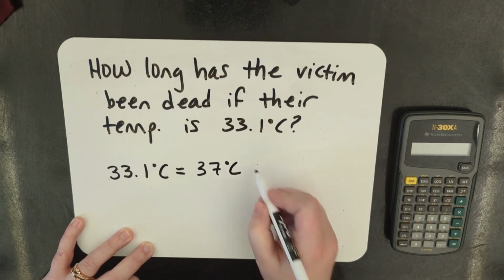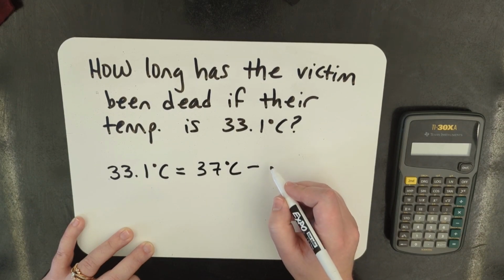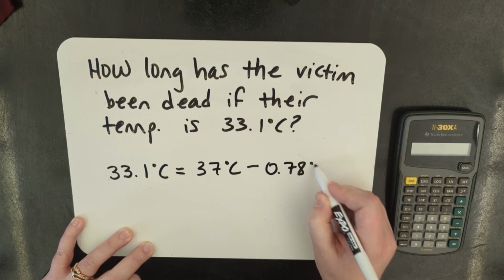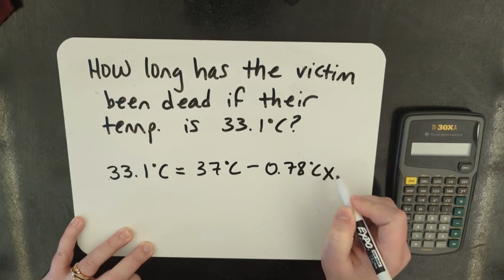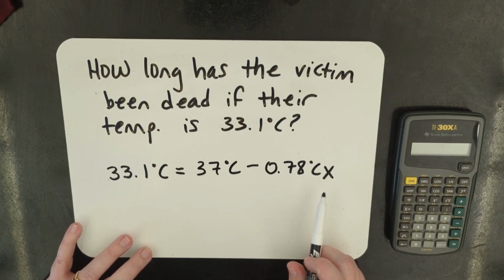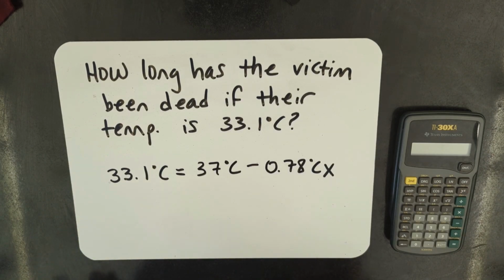So we need to know how much it's lost. And remember, for the first 12 hours, we lose 0.78 degrees Celsius per hour, which I'm going to put as x. So we need to solve for x, and this is where our super awesome STEM comes together, where we get to use math, science, technology, and engineering.